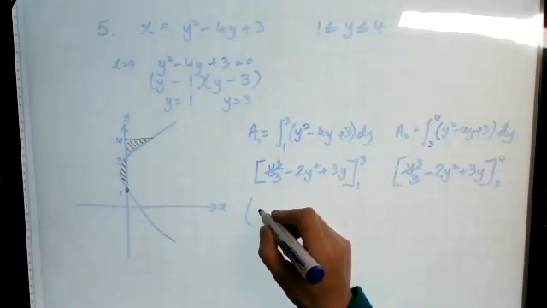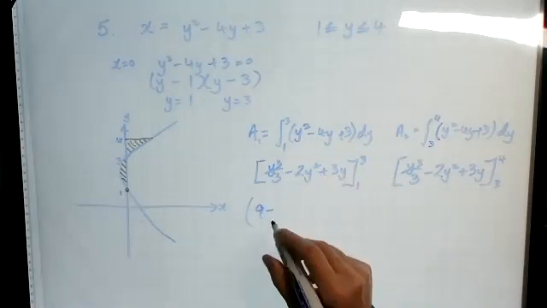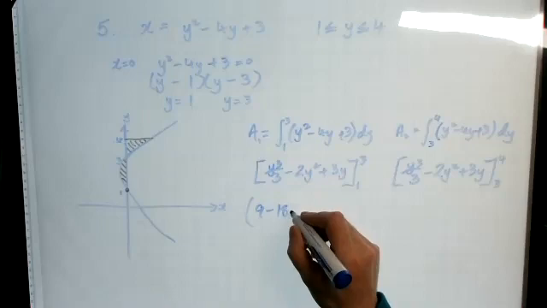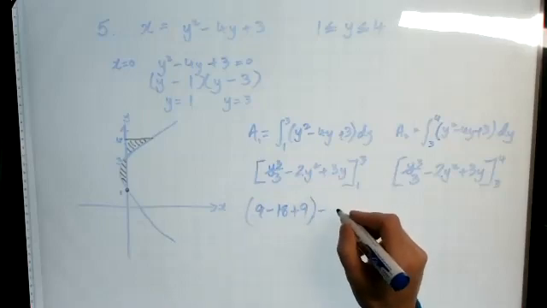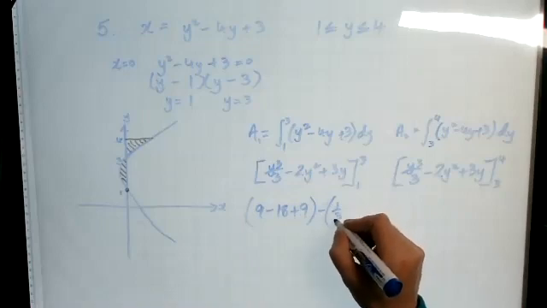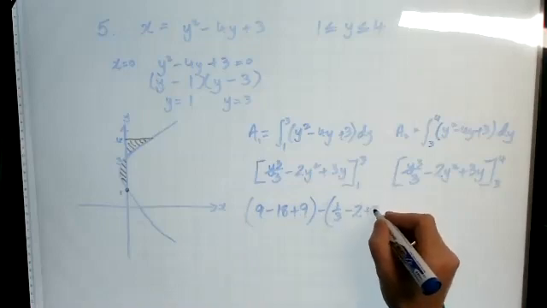So you have 9 minus 18 plus 9, minus 1/3 minus 2 plus 3.